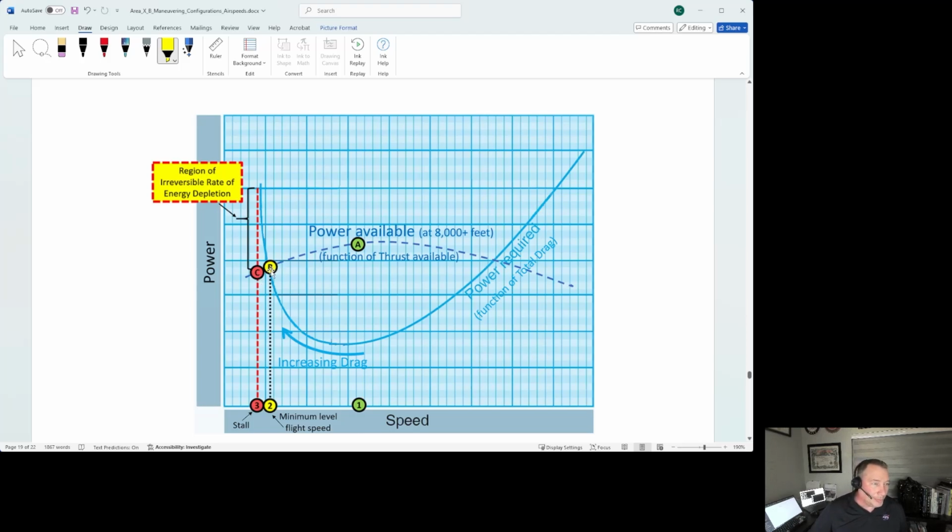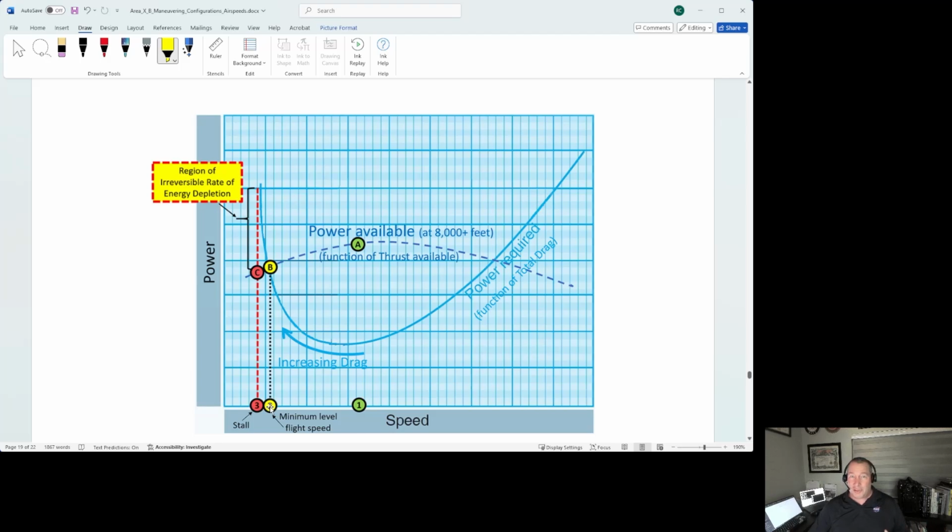If you are somewhere between B and C and you recognize it soon enough, what can you do? At that point, you've got no choice but to push forward on the yoke and reduce the angle of attack. You're going to lose some altitude and get yourself back to the right side of this yellow number 2 airspeed.